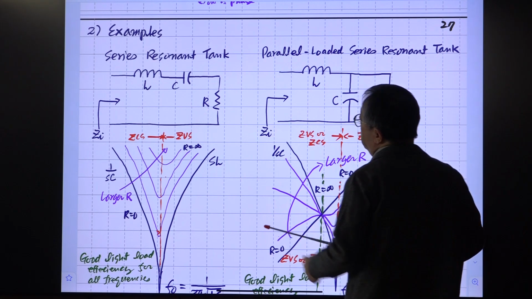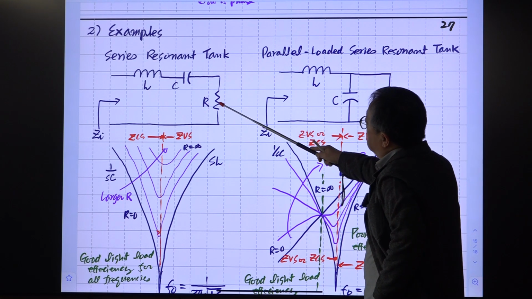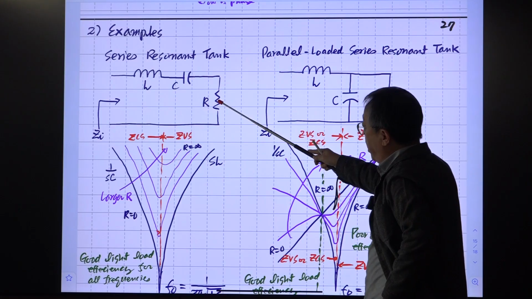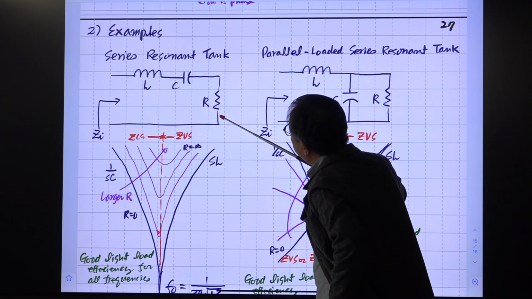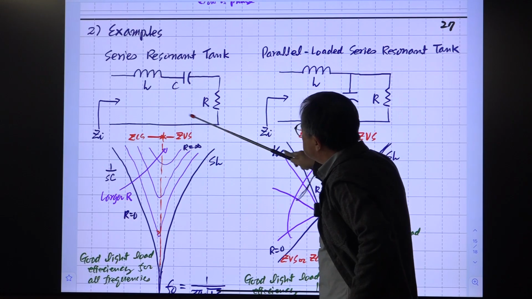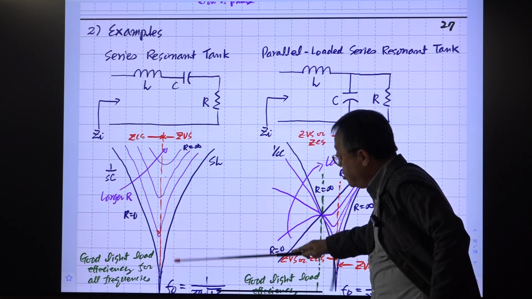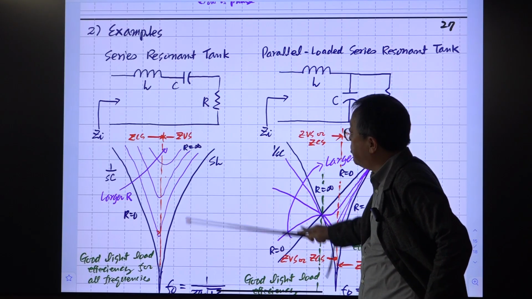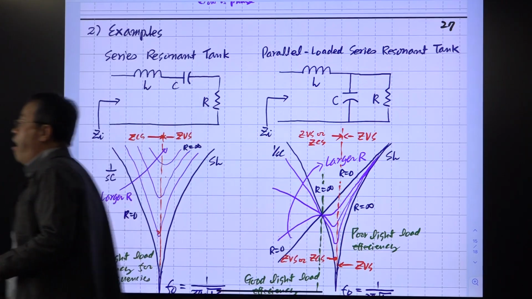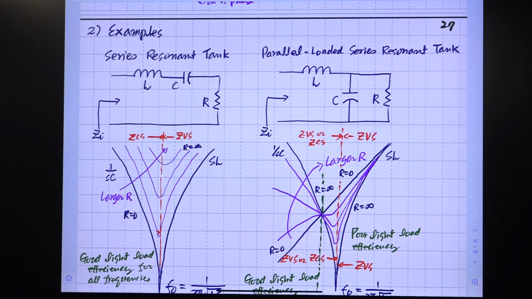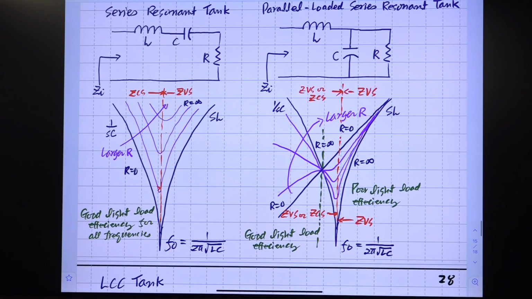So the input impedance of this with R equals 0 is GI0. GI0 is shorted. Okay, you just have L and C. That curve is shown here. This frequency is this one, because you only have L and C. R is shorted. So this curve is GI0, right?